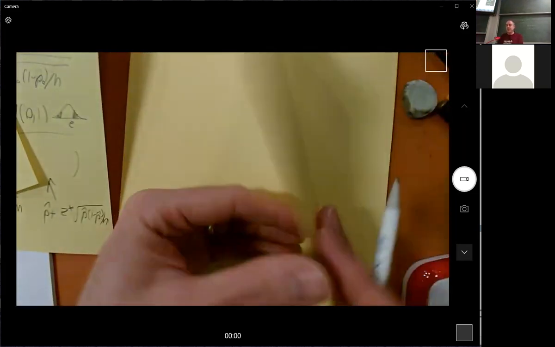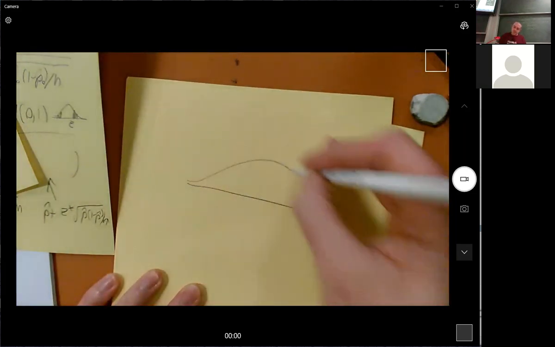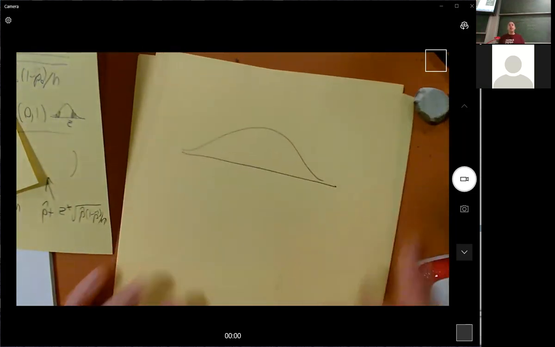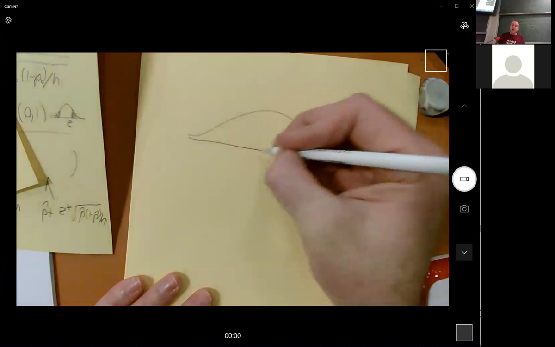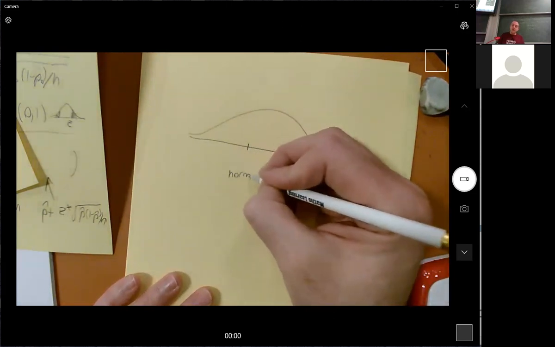Yeah, so let's talk about that just a second. The way that MATLAB works, as in most statistics programs, is the norm inv function. Is it called norm inv?